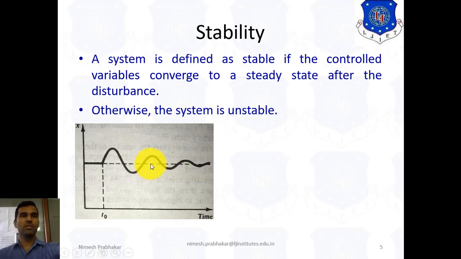So this type of system is known as a stable system. Now if we consider x is a process variable such as temperature, pressure, concentration or flow rate, we say that the process is stable or self-regulatory and needs no external intervention for its stabilization.